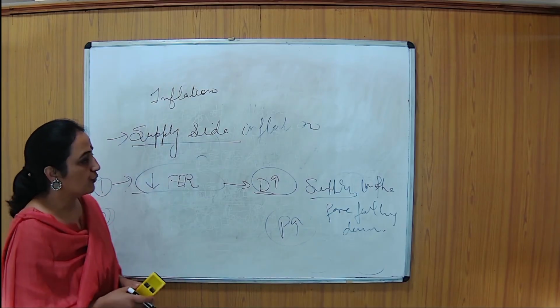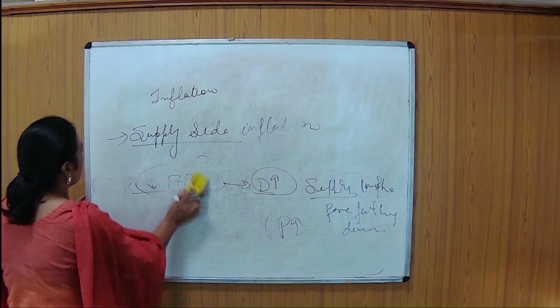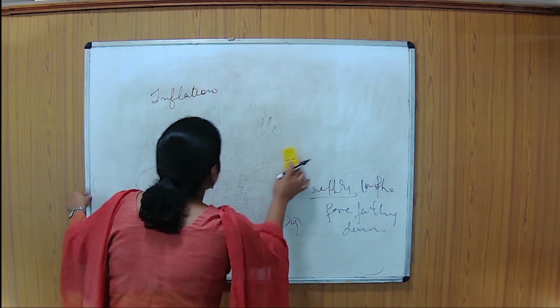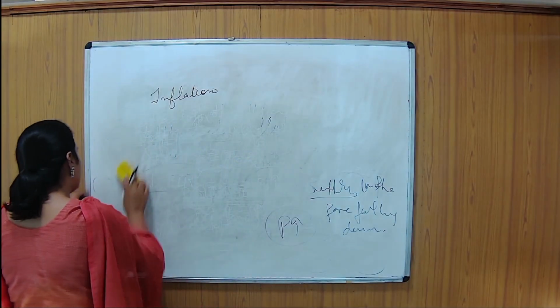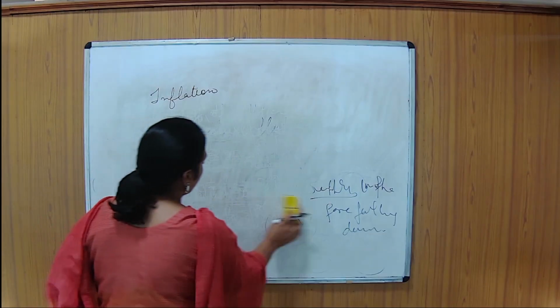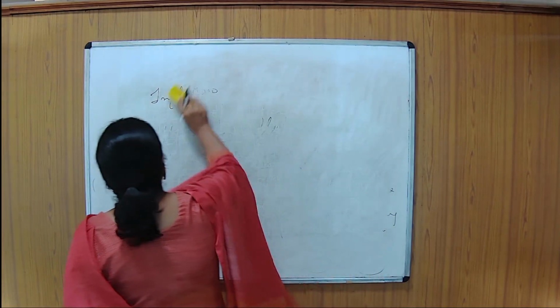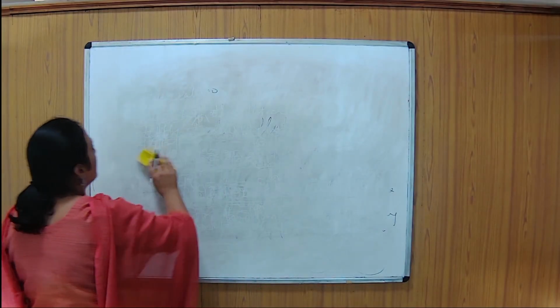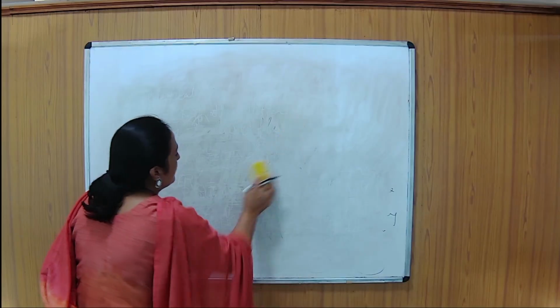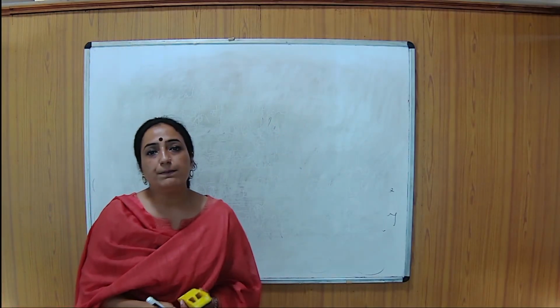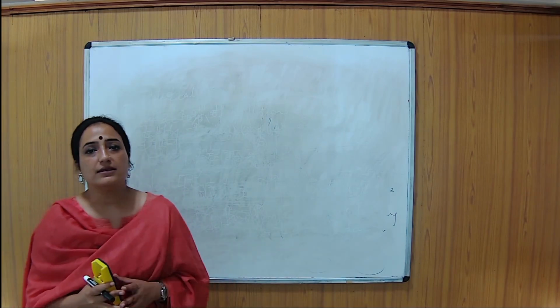So now the next topic is the Phillips curve. So what is the Phillips curve? Why do we need to study the Phillips curve? People are expecting two main things from the government.